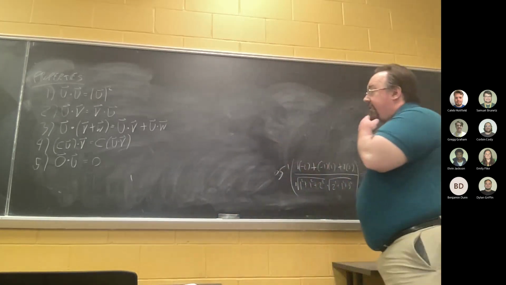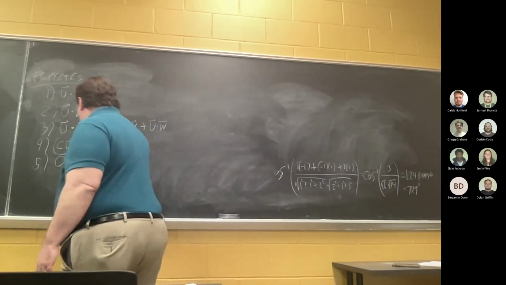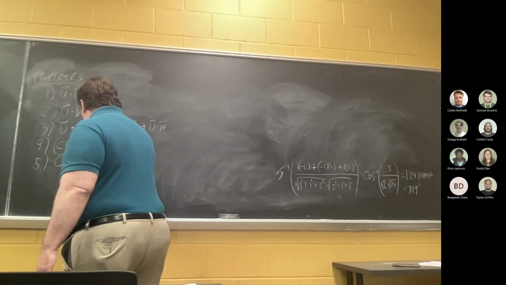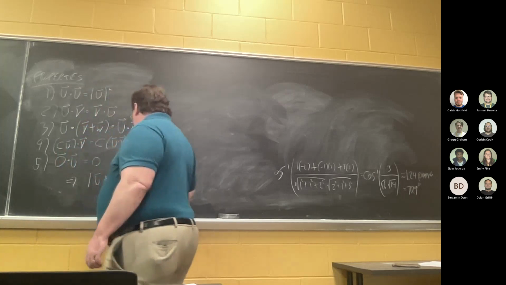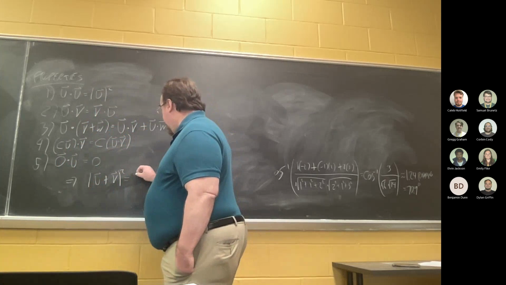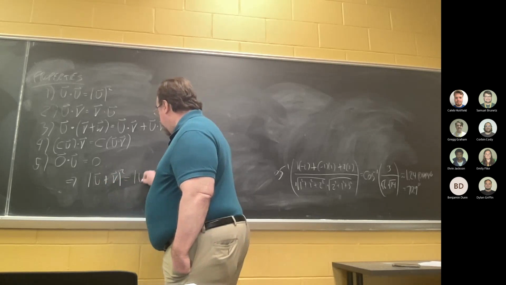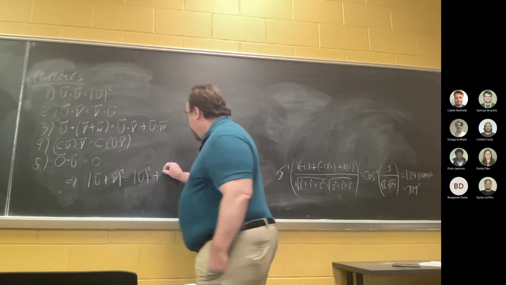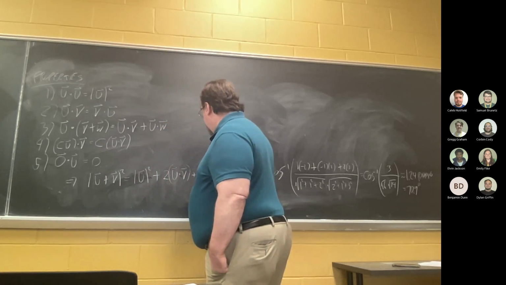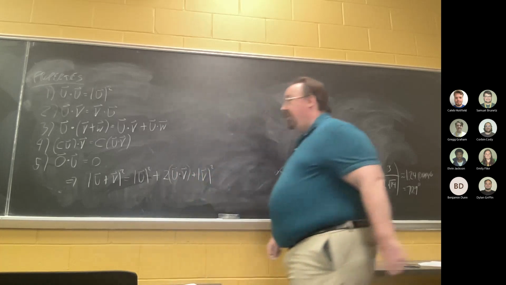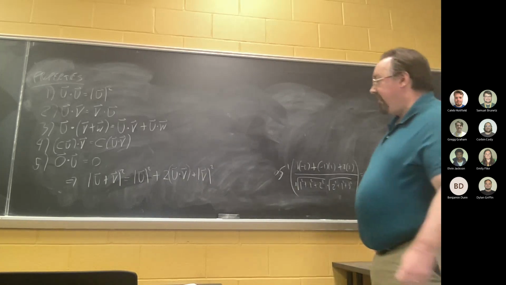Now, one convenient formula that comes from combining a few of these properties expresses the magnitude of a sum of vectors in terms of the individual vectors. So we have the magnitude of U plus V squared is equal to the magnitude of U squared plus 2 U dot V plus the magnitude of V squared. Oh, you're just distributing it.